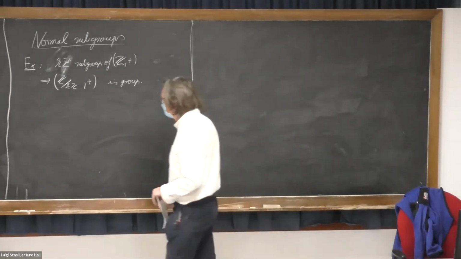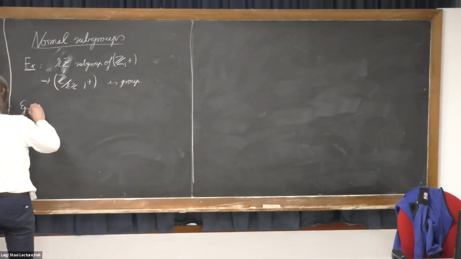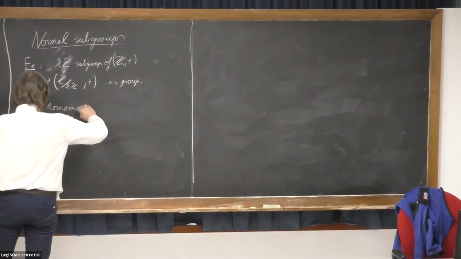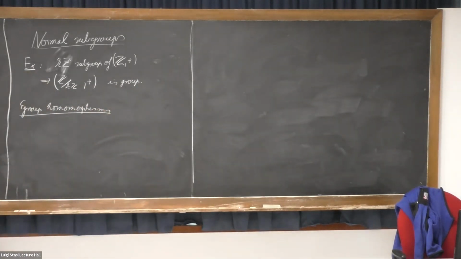So we were talking about homomorphisms. For a group, obviously the structure is given by the multiplication. So a group homomorphism is a map between groups which is compatible with the product.